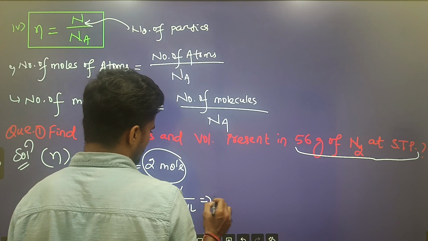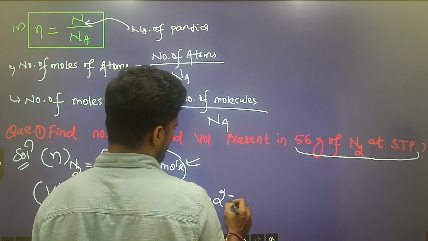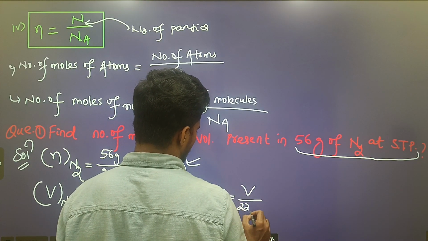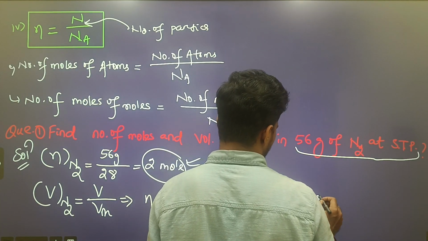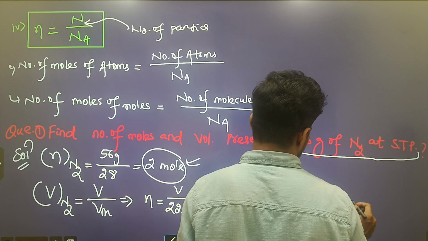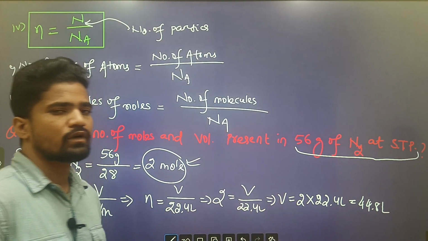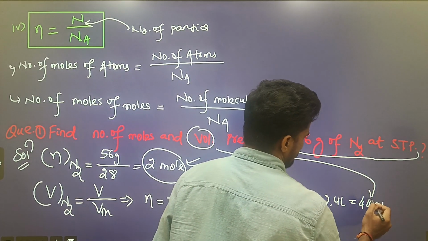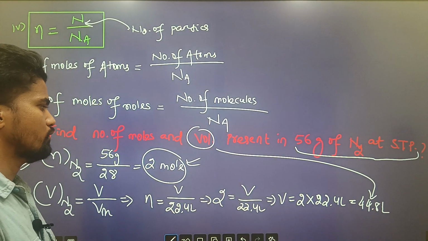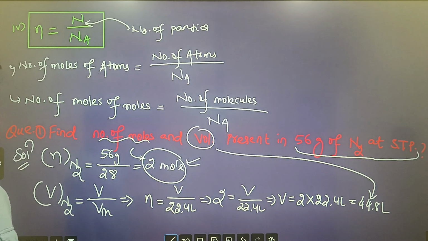The number of moles is already 2, so 2 equals V upon 22.4 liter, implies volume equals 2 into 22.4 liter. It is coming out 44.8 liter. So this is the volume we finally get. Okay, yes or no?